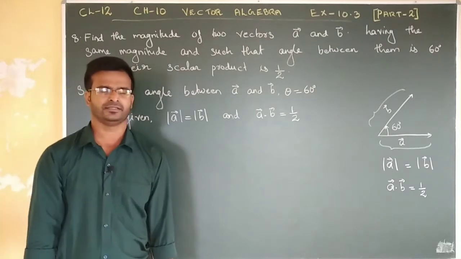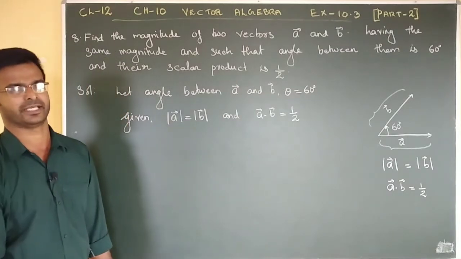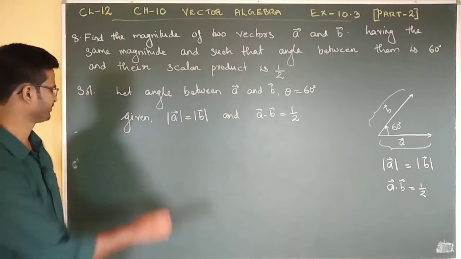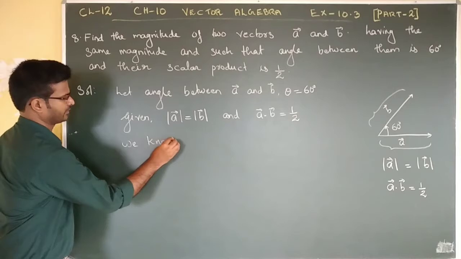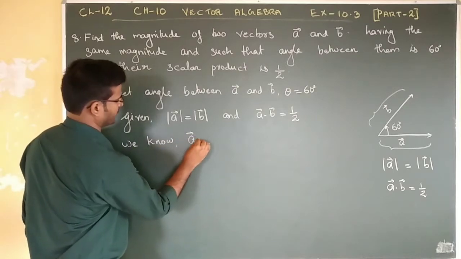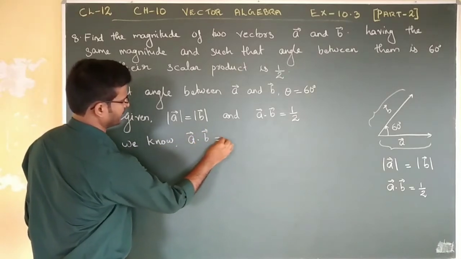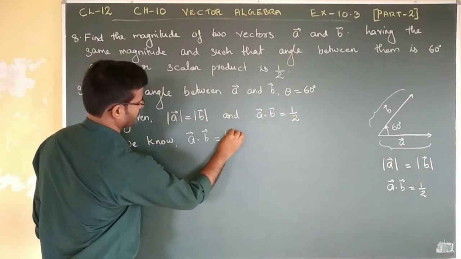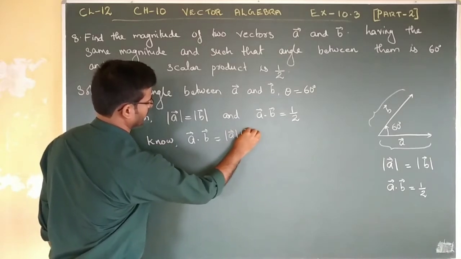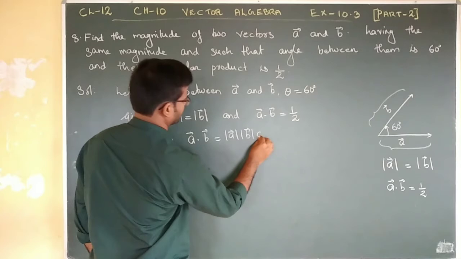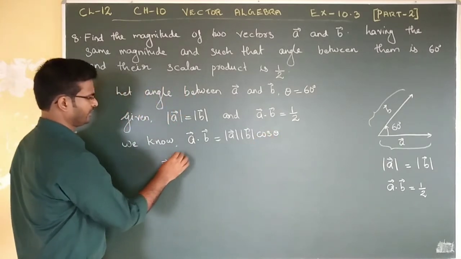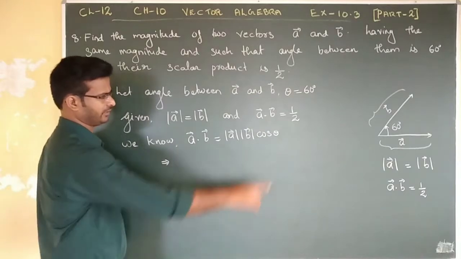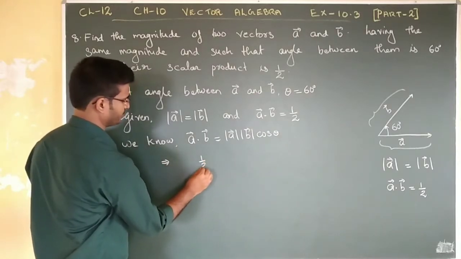We have already studied one formula for the scalar product, otherwise the dot product: A vector dot B vector equal to magnitude of A vector into magnitude of B vector into cos theta. A vector dot B vector is 1 by 2.